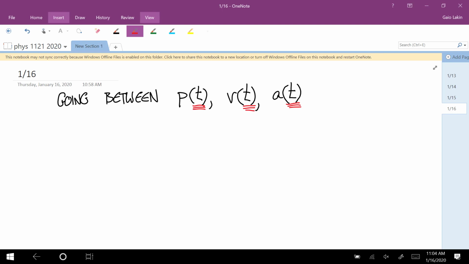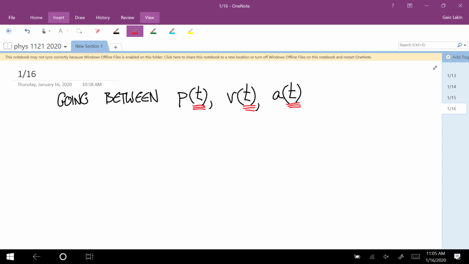So what if instead of being a of t, you have a of y? Like the acceleration is determined by the height of the object. Well, I said that acceleration is the second time derivative of the position, right? But if you have the acceleration as a function of something that's not time, you can't just assume that.